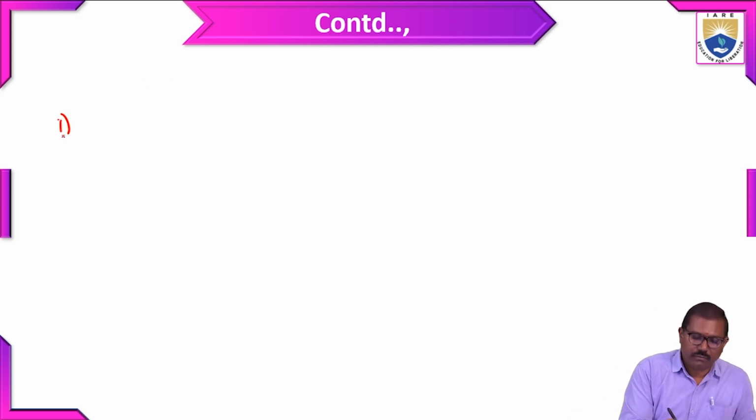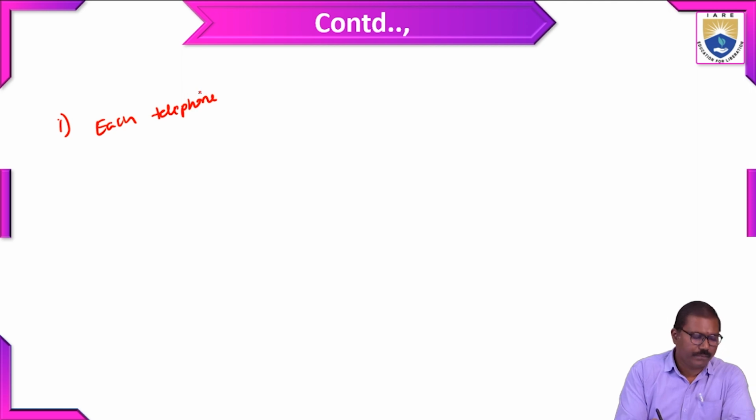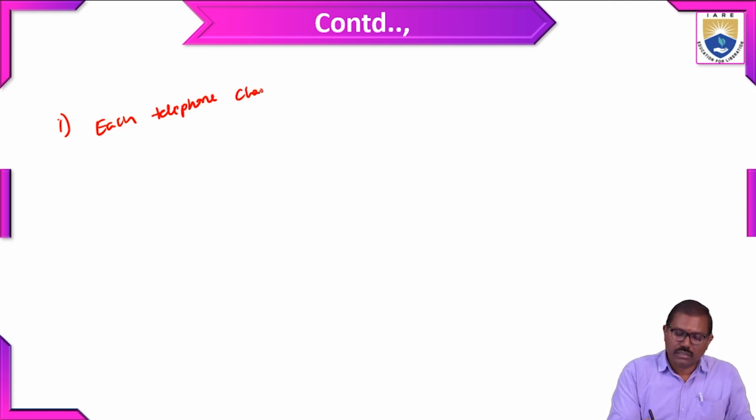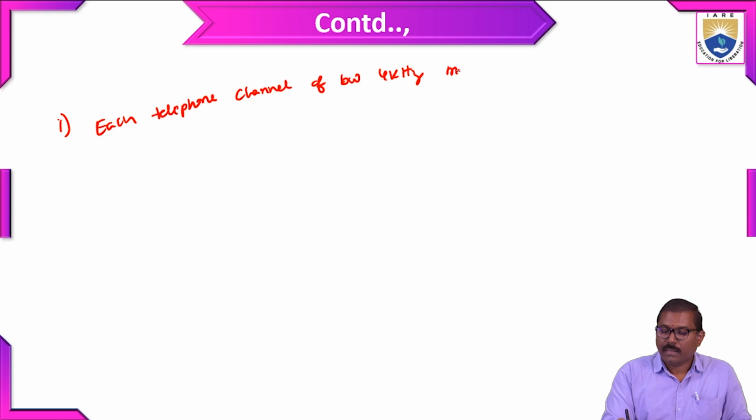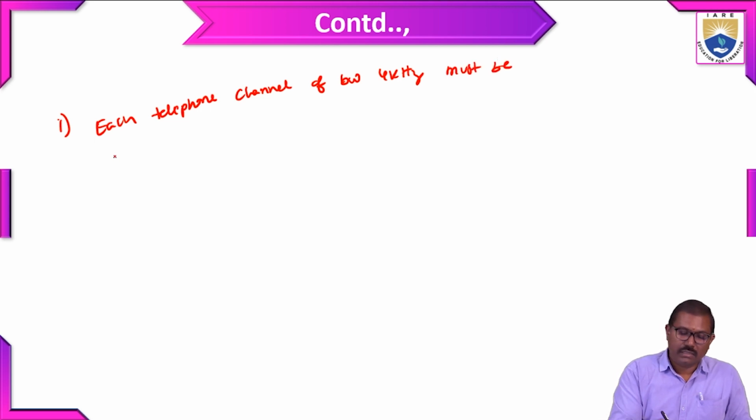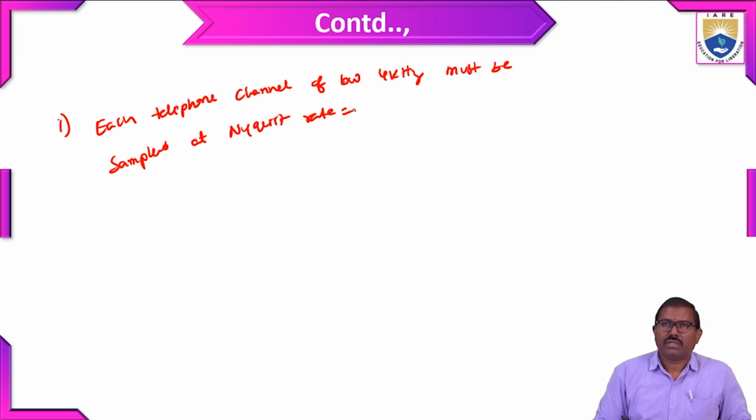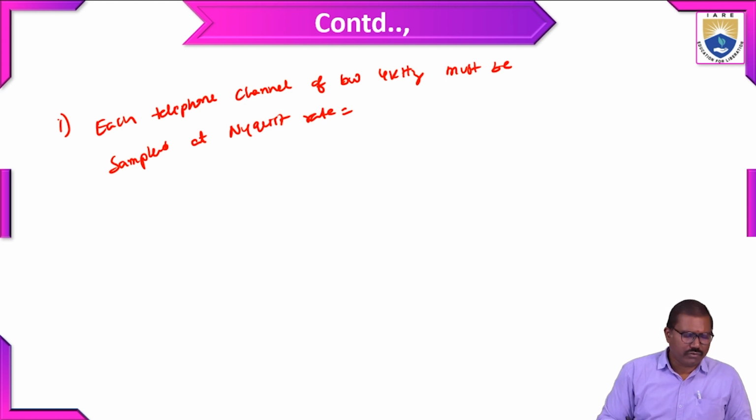So the first bit is each telephone channel of bandwidth 4 kHz must be sampled at the Nyquist rate.